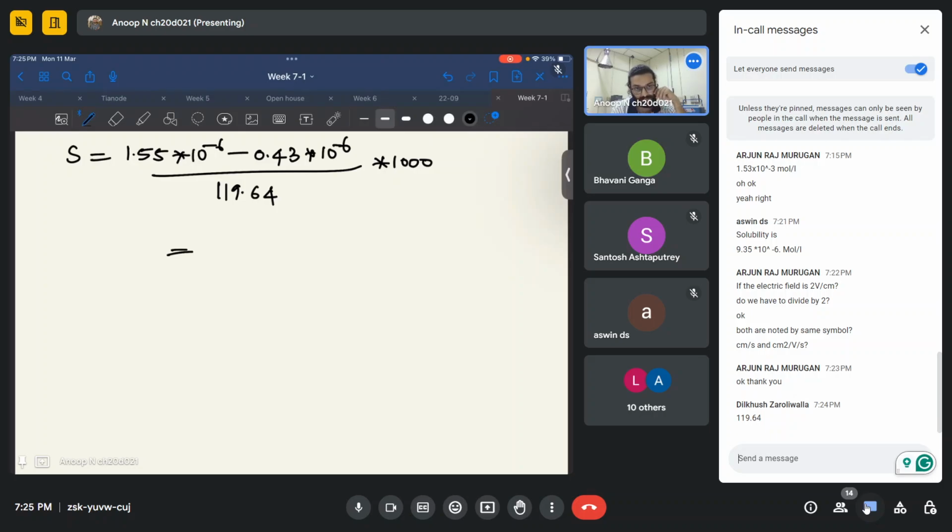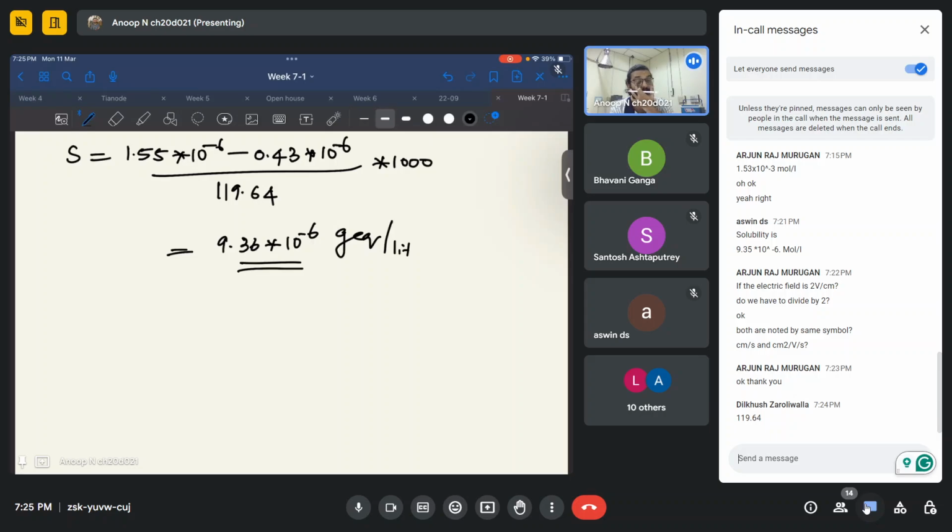This already someone posted, 9.36 into 10 raised to minus 6 gram equivalent per liter. It won't be mole because we have taken the lambda 0 in gram equivalent.